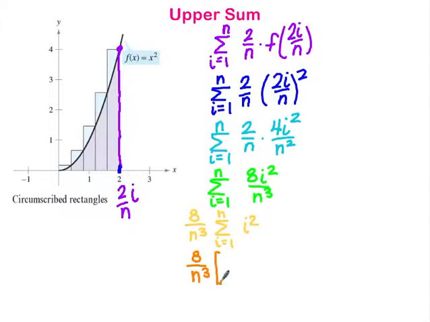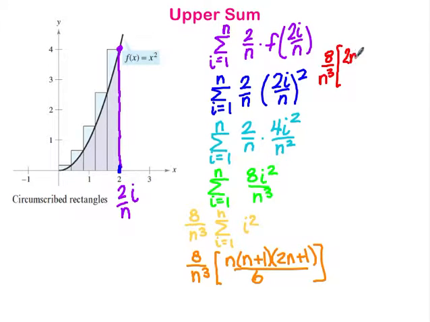So what is the sum of i squared? Now what I'm going to utilize is my information from the previous slide. We already know that this FOILed out to give me 2n cubed over 6, and then plus 3n squared over 6, and then plus n over 6.